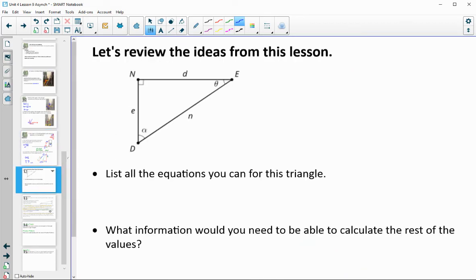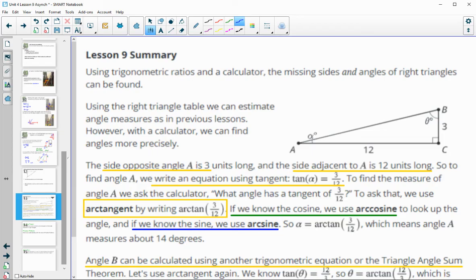All right, so here's your lesson summary. So we looked at how to find angles precisely in our calculator. So if we know the 2 sides, we can set up a trig function. So pick the angle, define the sides. So for the one they're talking about, they looked at A. So the opposite of A is 3.